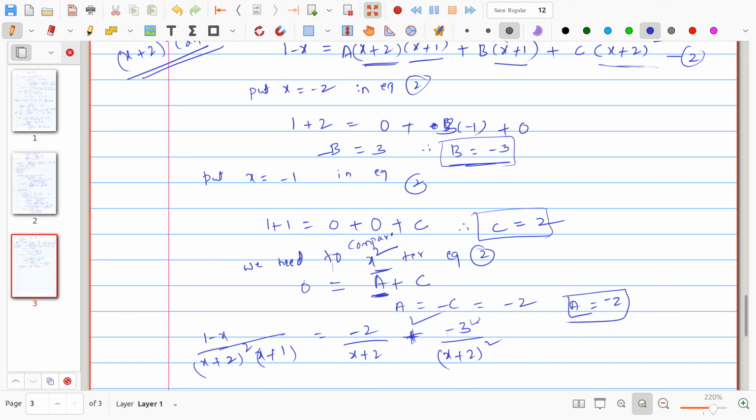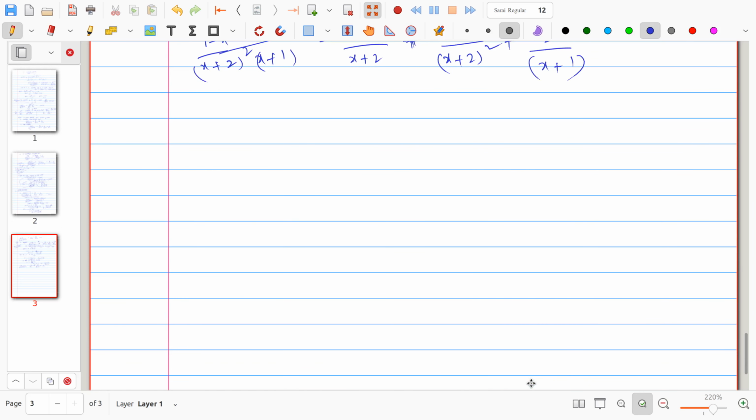Here b value is minus 3, and plus 2 divided by x plus 1. And lastly, the rule we discussed for a proper fraction is that it contains non-linear and non-factorizable terms.